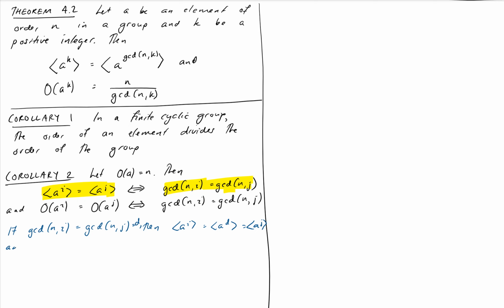And similarly, the order of a to the i is the order of a to the j, which is going to be n over d. And similarly, going the other way for the if and only if: if the cyclic subgroup generated by a to the i equals the cyclic subgroup generated by a to the j, then clearly the orders of the elements are the same.